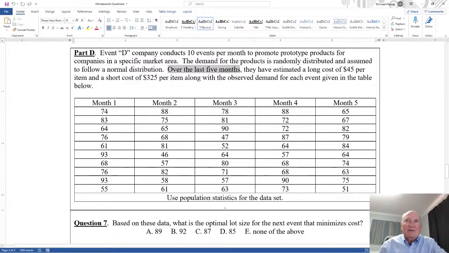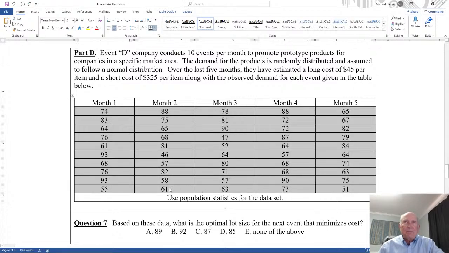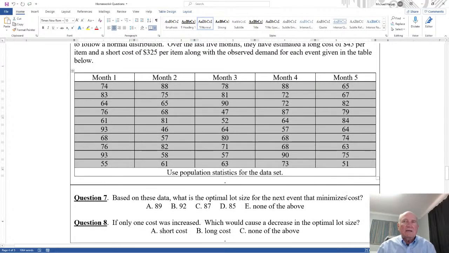Over the last 5 months, they have estimated a long cost of $45 per item and a short cost of $3.25 per item, along with an observed demand for each event given in the table below. Okay, so 5 months, 10 events, so we have 50 items here. Based on these data, what is the optimal lot size for the next event? So this is a single period.